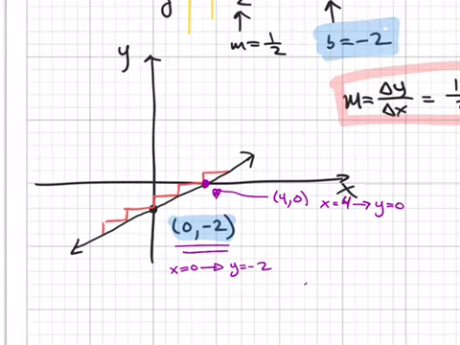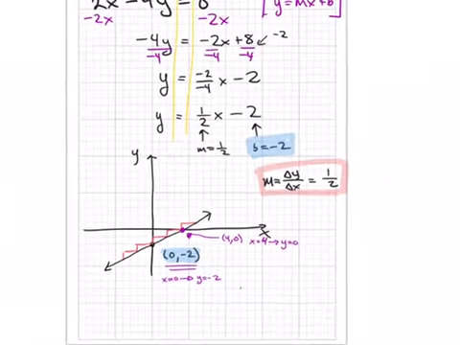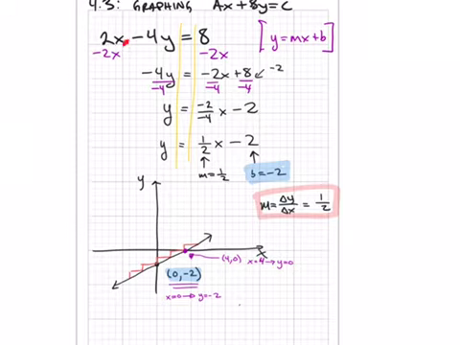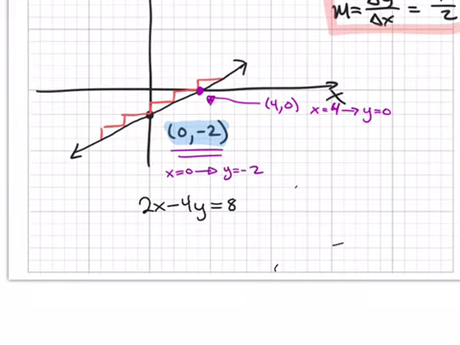Okay? And I just want to make this point to you really quickly. I'm going to take the original equation all the way from the top, 2x minus 4y equals 8, and I'll bring it down here. 2x minus 4y equals 8. All right? And I'm just going to make a point to you that if I plug in x equals 0, which is from this point right here, I'm going to plug that into the equation.